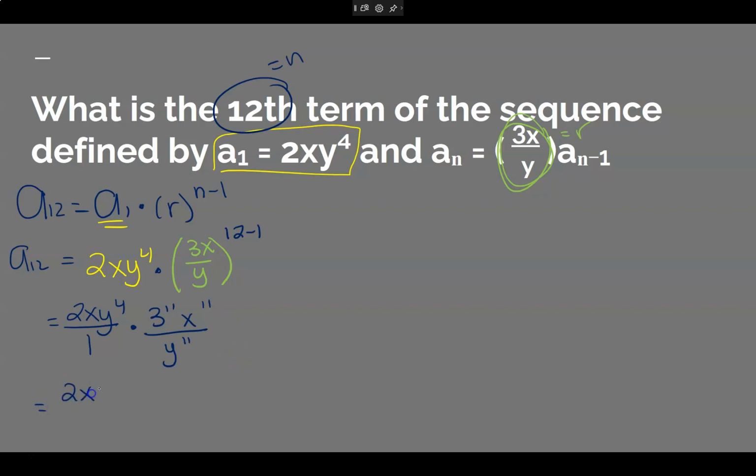Okay, 2xy to the 4th over 1 times... All right, all I'm doing in this next step is I'm actually going to do 3 to the 11th power. So 3 times itself 11 times, which is 177,147.